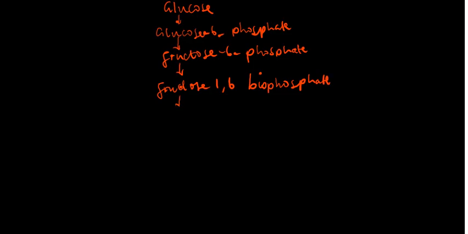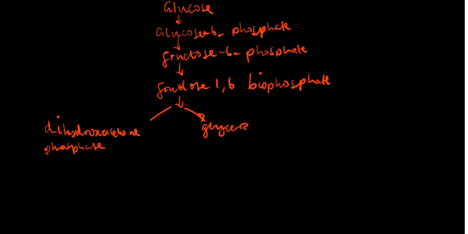From fructose 1,6 bisphosphate, it's broken down to two elements: dihydroxyacetone phosphate and glyceraldehyde 3-phosphate.